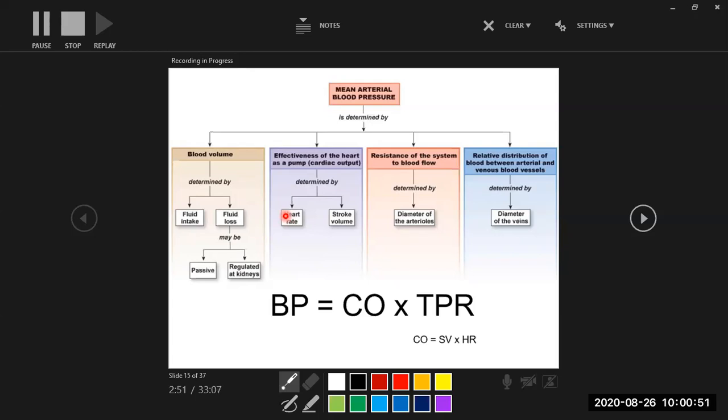If you have a very stressed life, where you need to be ready for one task after the other and you need to be very alert all the time, then your sympathetic nerve is activated. That will act on the heart to make your heart pump faster, and that will increase the cardiac output, increase BP.